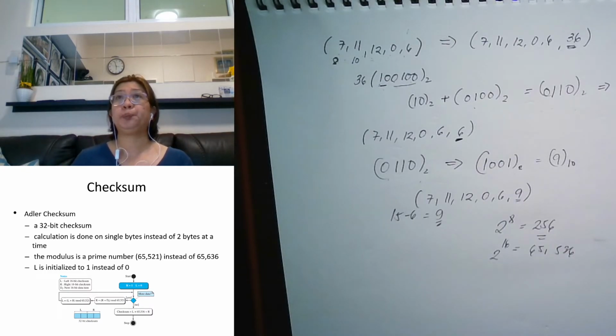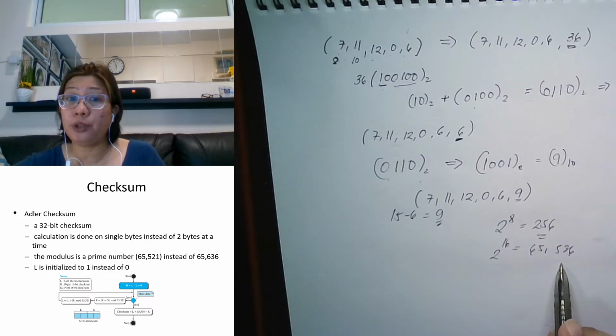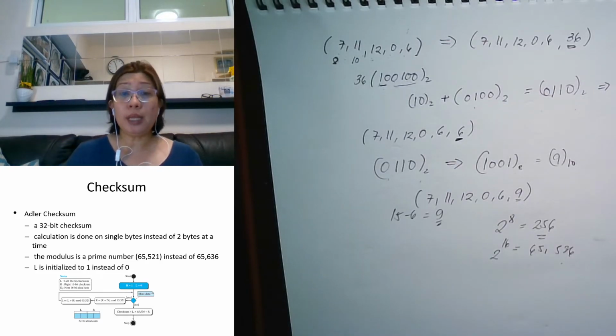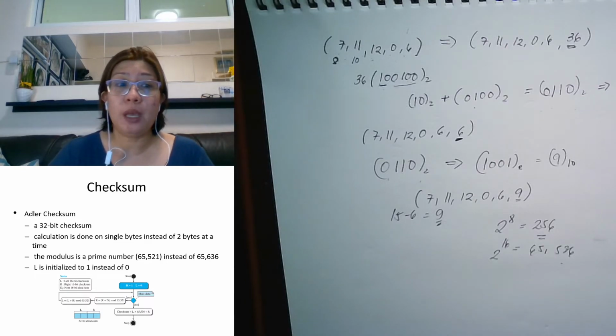Number two, the modulus is a prime number. It makes use of 65,521 instead of the 65,536 used in the 16-bit Fletcher. And number three, L is initialized to 1 instead of 0.